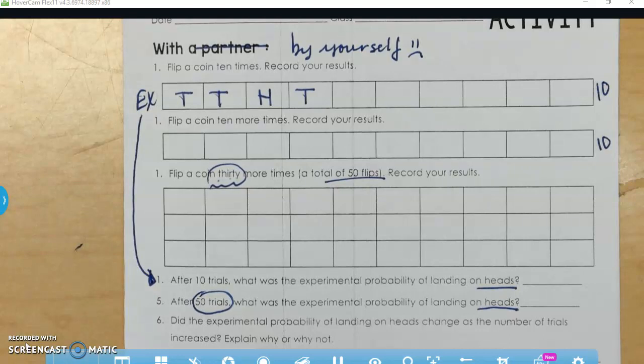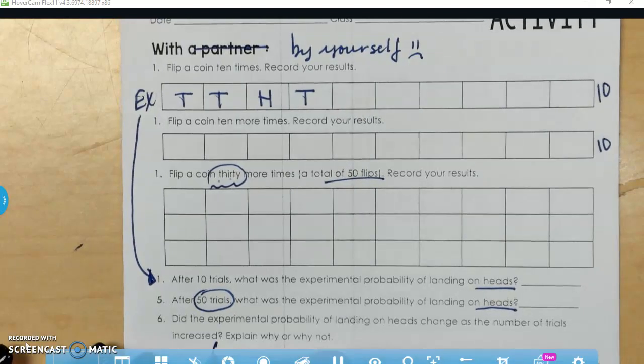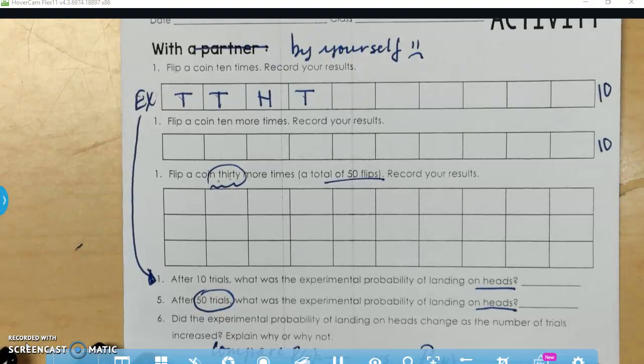So, according to your experiment, guys, I would like for you to do some comparison. It says, did the experimental probability of landing on heads change as the number of trials increased? So, I would just say compare your probability of heads out of 10 versus probability of heads out of 50.